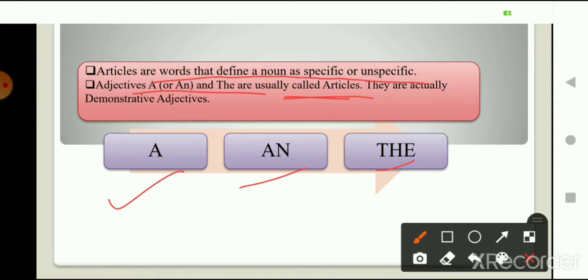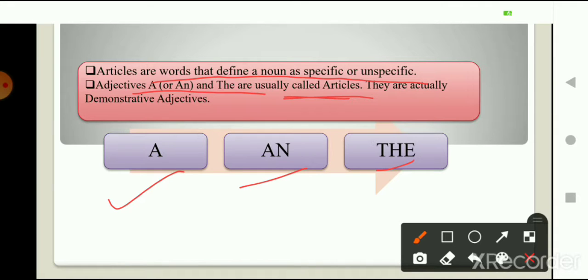They are demonstrative adjectives. And what are demonstrative adjectives, children? We have already talked about this in our adjective videos. The demonstrative adjectives are those adjectives which help us to point out which person or thing we mean, right? So that is the job of demonstrative adjectives.